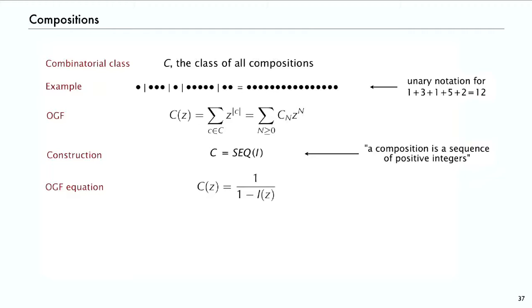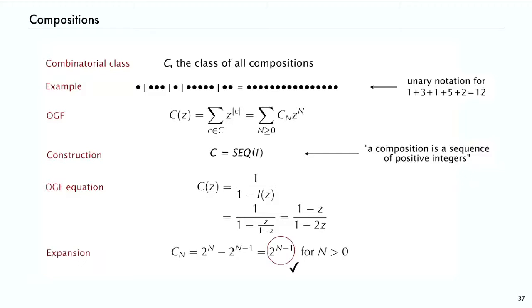But for a sequence of positive integers, the generating function is immediately 1 over 1 minus the generating function for integers, and that one's z over 1 minus z, and if you do the math, you get 1 minus z over 1 minus 2z for the OGF for compositions. And then expanding that, it's 2 to the n minus 2 to the n minus 1, or 2 to the n minus 1 different compositions.